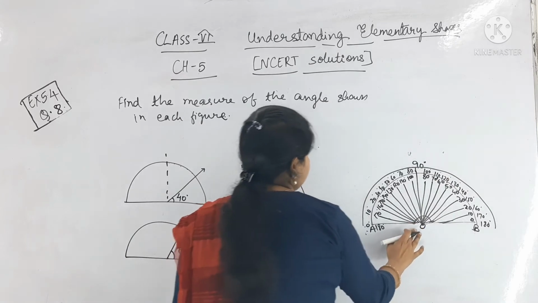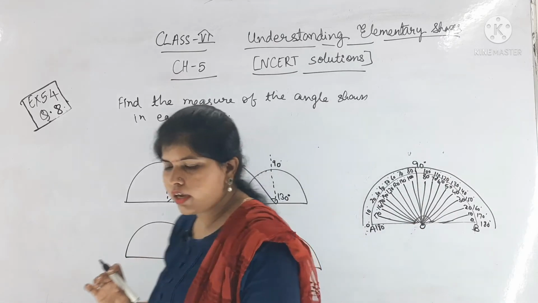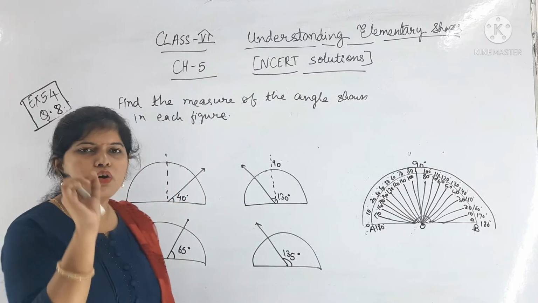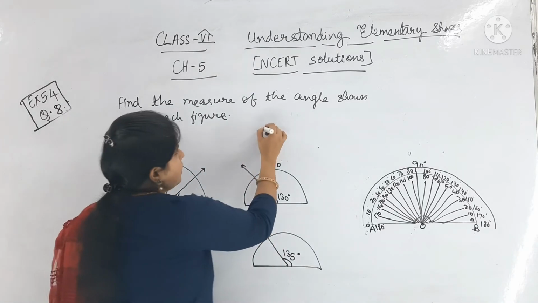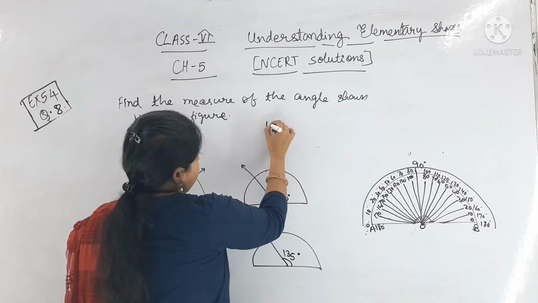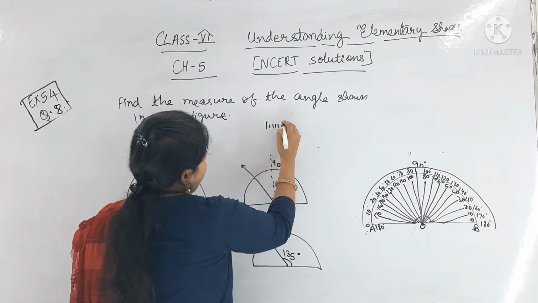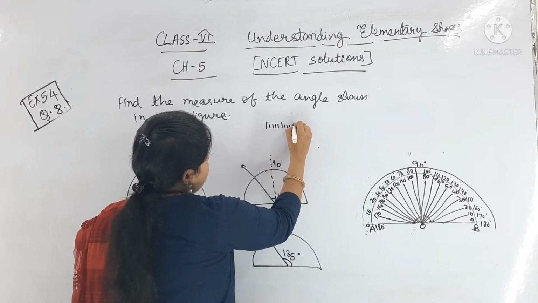Okay, so like scaling, like a ruler. In the ruler also we have these points, 1 2 3, 1 2 3 4, like this.